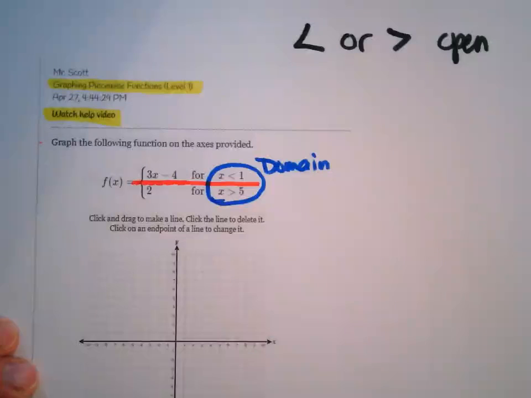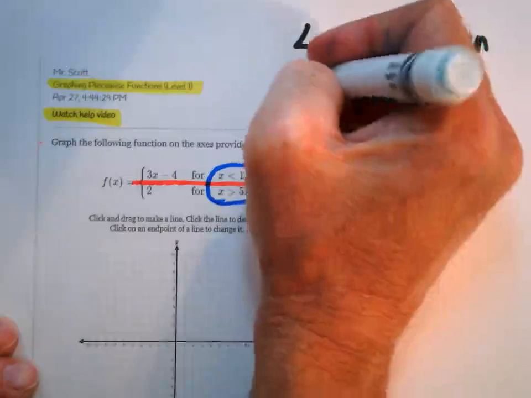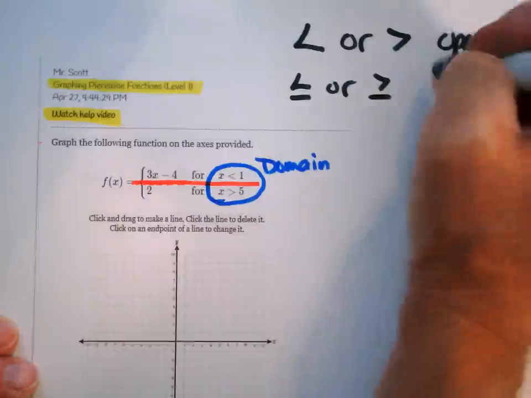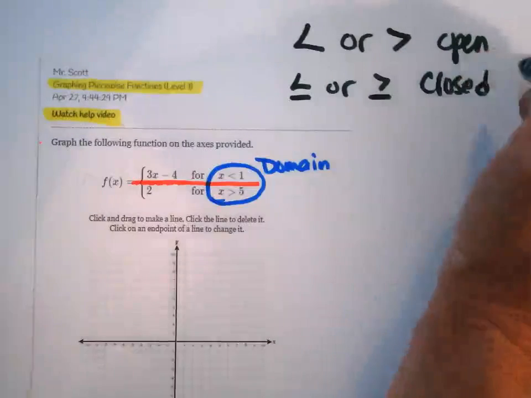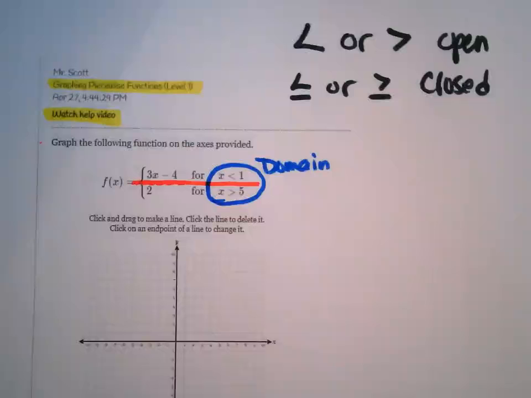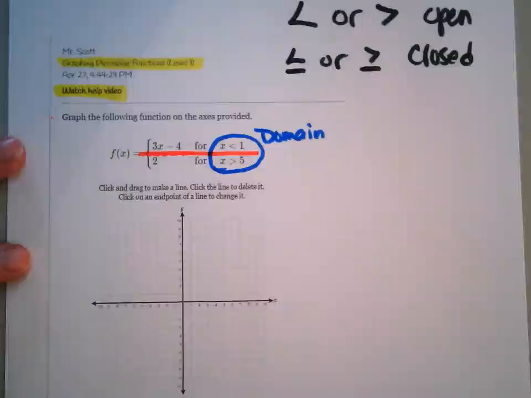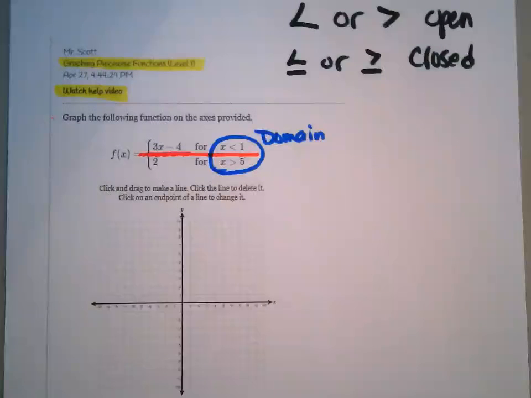And again, Delta Math will help you show you how to get that in your answer. If you were to see a less than or equal to or a greater than or equal to, these are closed circles, and again, very important to the answer of this problem. So I would highly recommend watching the help video.